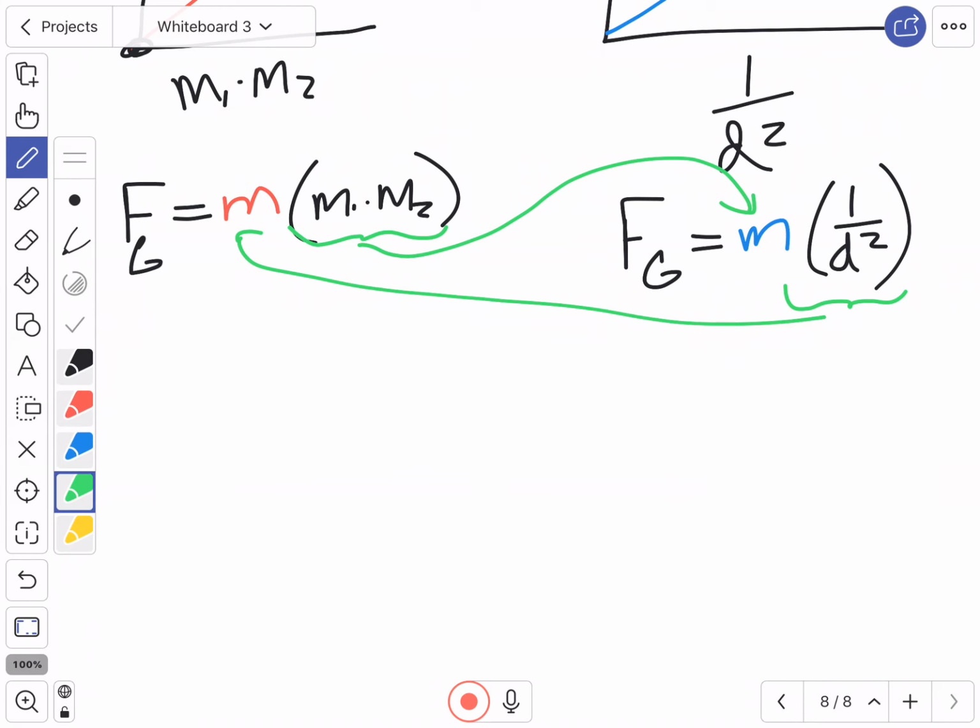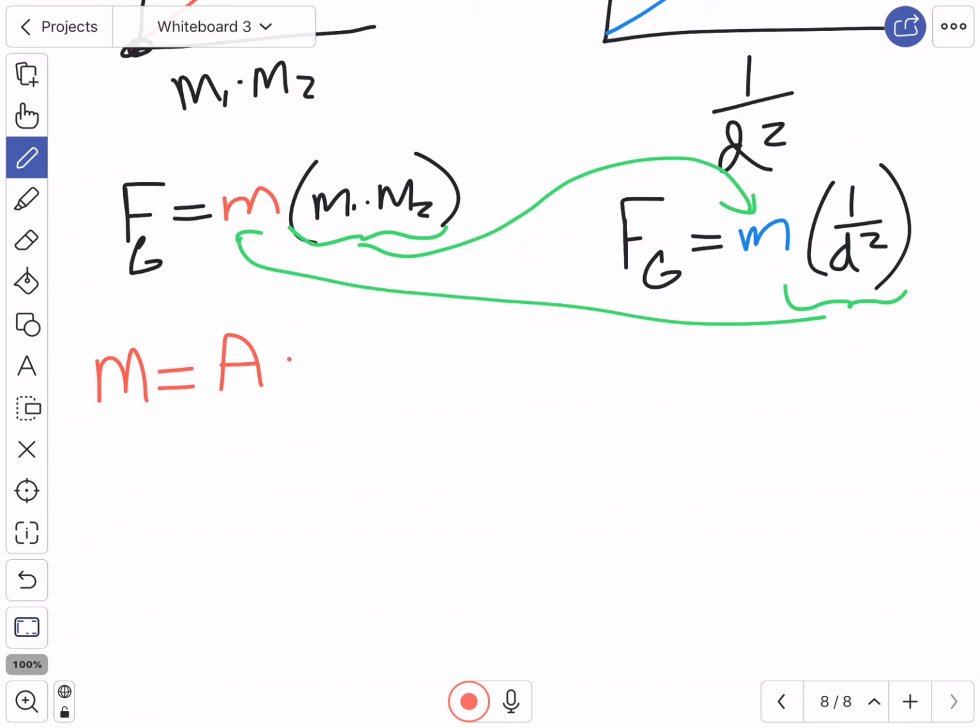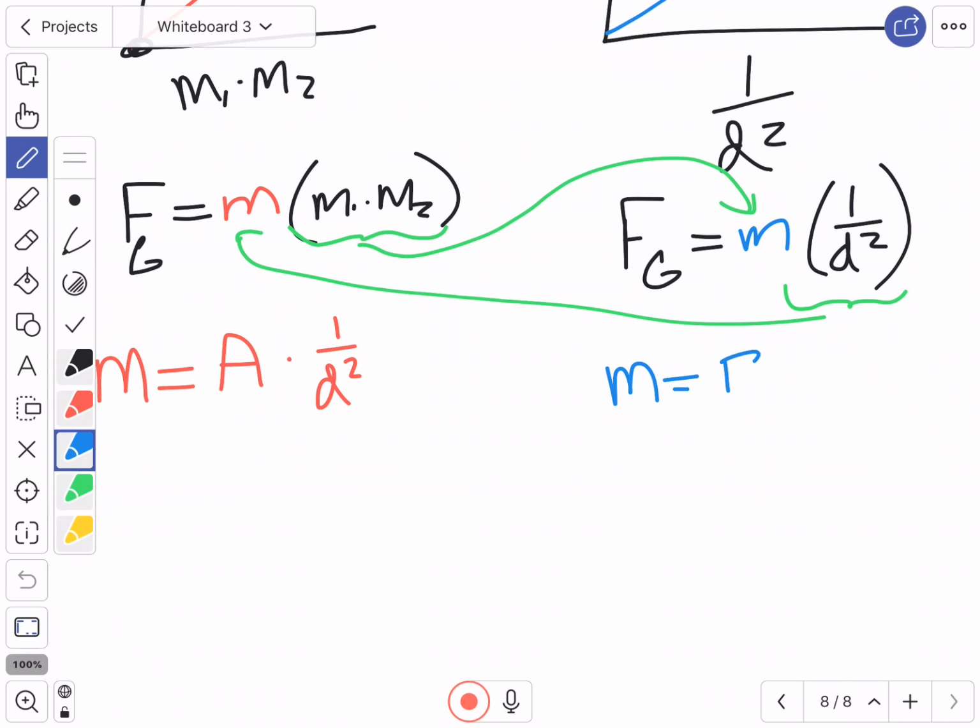Here's what we're going to say. m, the red slope, is equal to some unknown value a times 1 over d squared. And the blue slope is equal to some unknown value b times m1 times m2. Everybody okay with that?